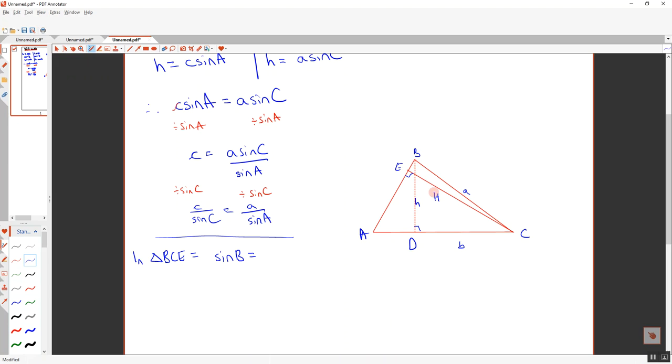So big H over A. Also in triangle ACE, sine of A is equal to opposite H over B.